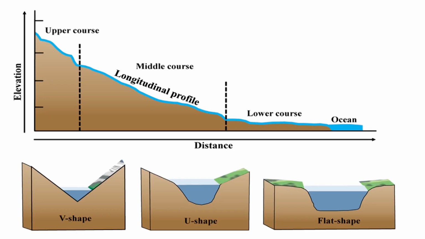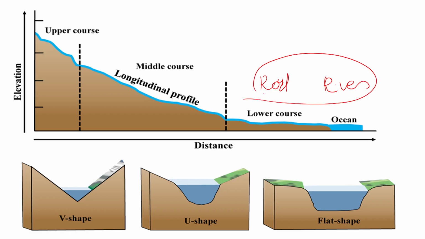So look at the longitudinal profile: a road network, then a river, you can draw through the longitudinal profile. Where is the upper course and what landforms are covered, what landforms are covered in the middle course, and in the lower course, we can understand this through the longitudinal profile.